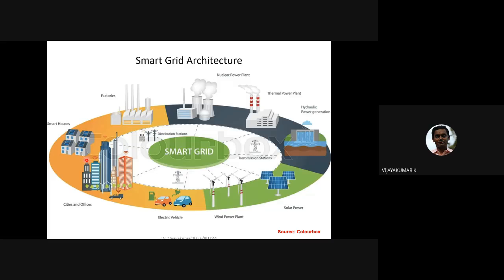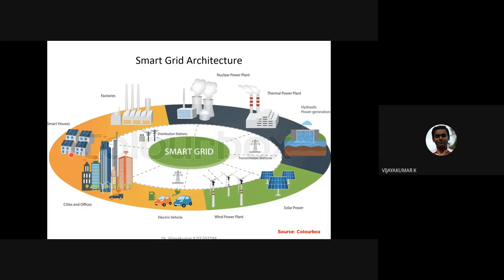So this is where our machine learning people can work. For optimum operation and taking decisions, we can develop some machine learning algorithms. The persons who are skilled in machine learning have a huge opportunity to work on any component in these smart grid systems.